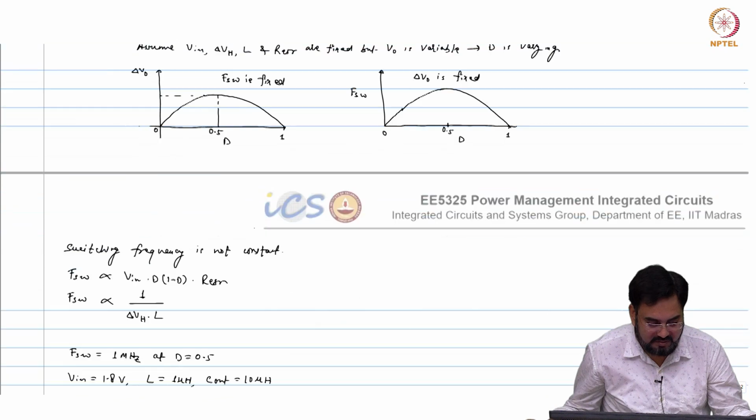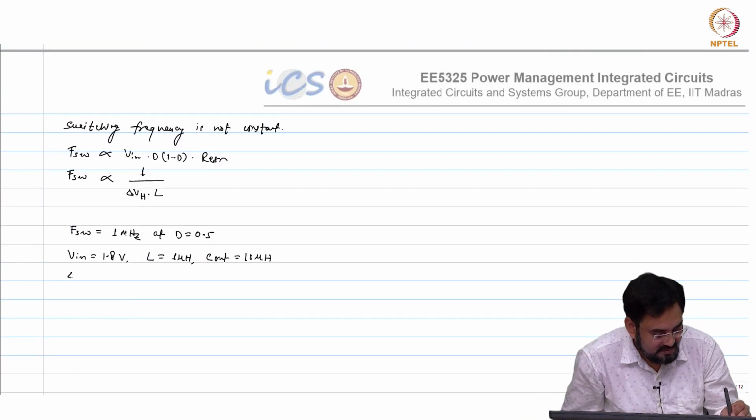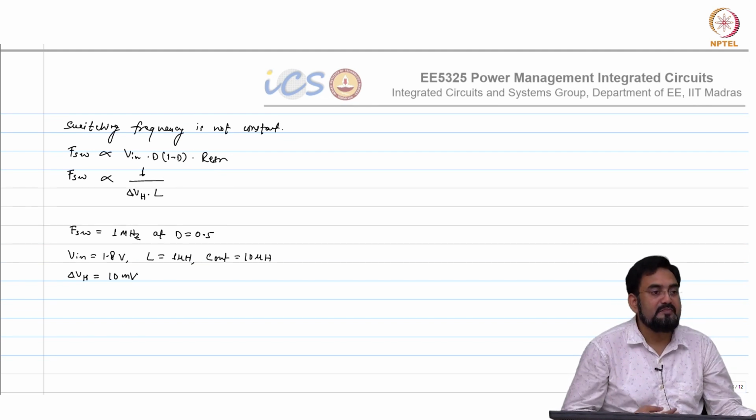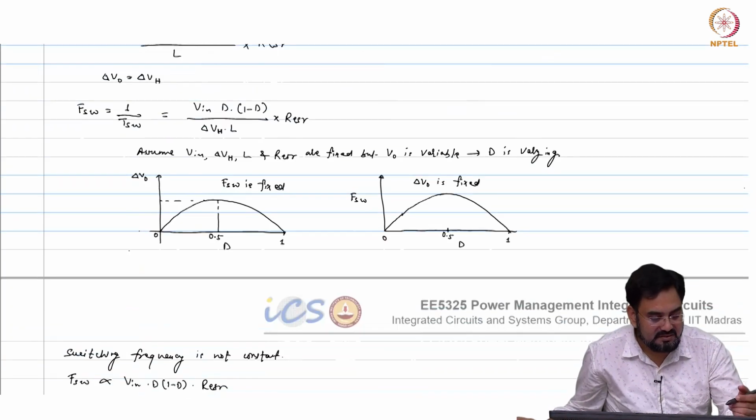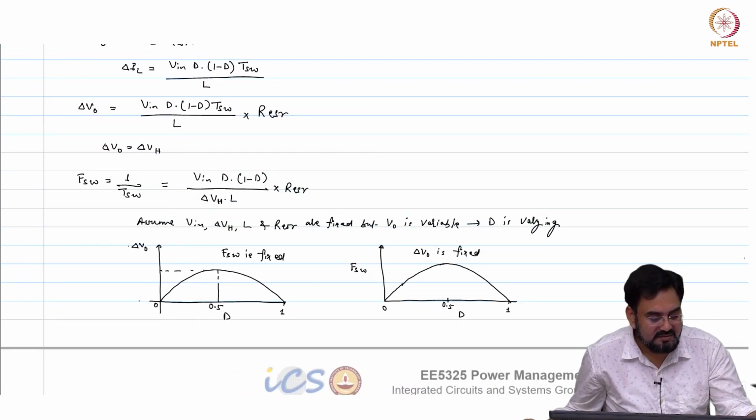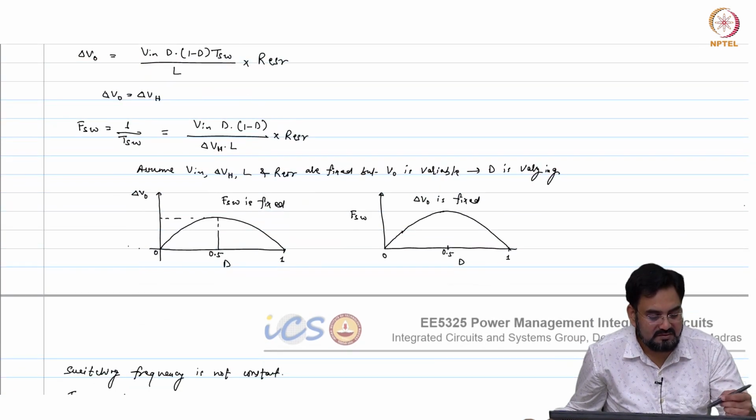Any other parameter? Okay, delta VH equal to ripple, let's say I want 10 millivolt. So substitute here and we can find the value of RESR, correct.